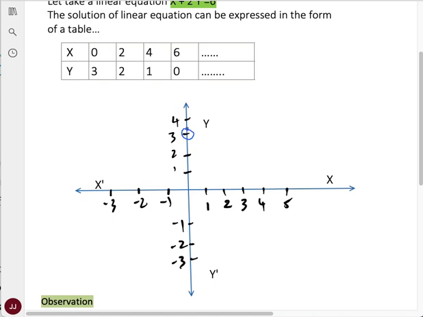The next point is 2 comma 2, so you can plot it here. And the next point is 4 comma 1, x is 4, y is equal to 1. And 6 comma 0.